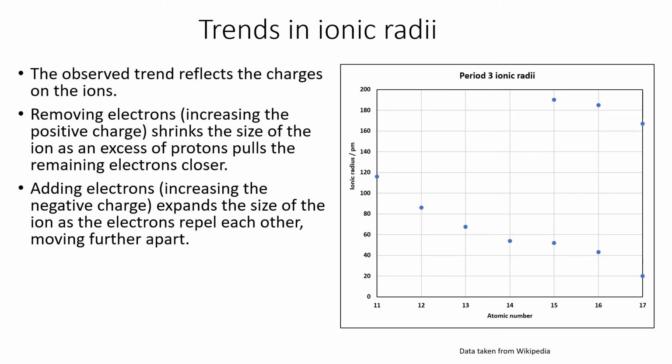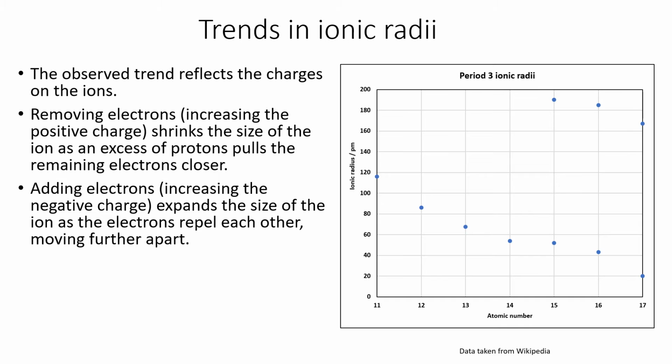The positive ions there are all isoelectronic because they're all emptying out their outer shell to give you the neon configuration below. So really we're just adding more protons to the nucleus with these ions, causing this shrinkage, the extra attraction of the outer electrons to the nucleus. So that's what we see starting from the left, the downward trend.